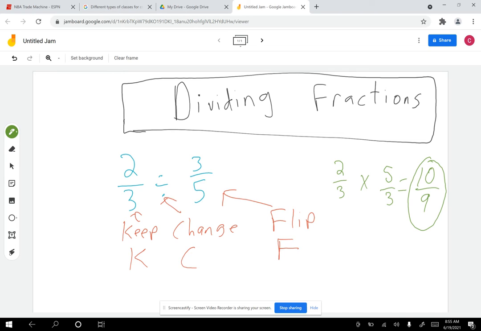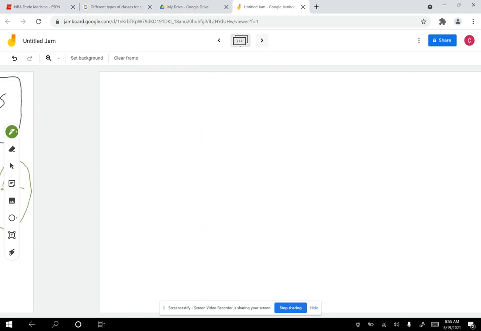So if we follow what we just did, all you have to do is keep your initial fraction the same, change the division to multiplication, and then flip the second fraction, or multiply by the reciprocal. KCF, keep, change, flip. So let's go to another example.